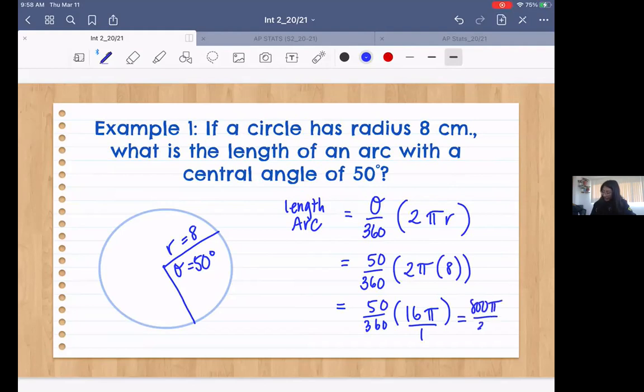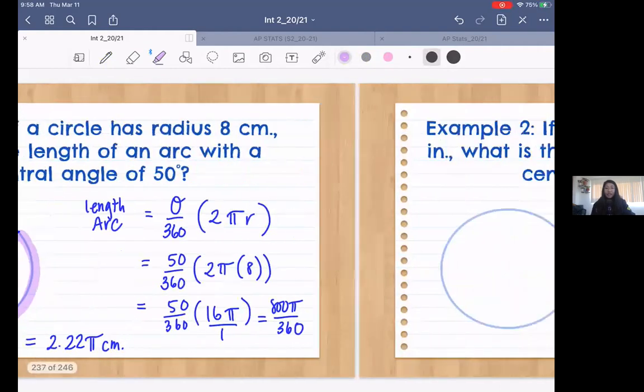And then I'm going to divide the rest by 360. So my final answer in terms of my arc length is going to be 2.22 pi, and then just centimeters, just because I'm dealing with arc length, okay? So this is the length of this piece right here. Okay, that's example 1.